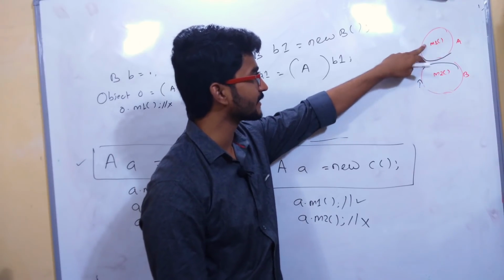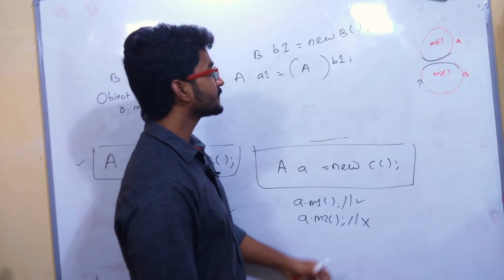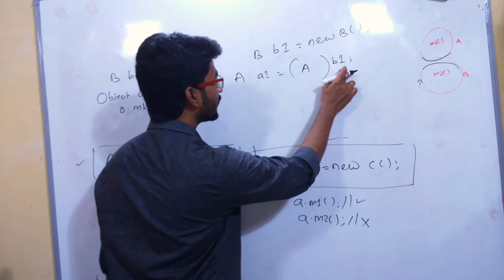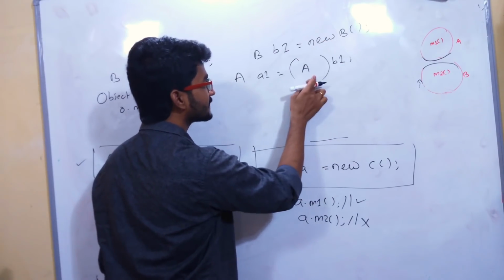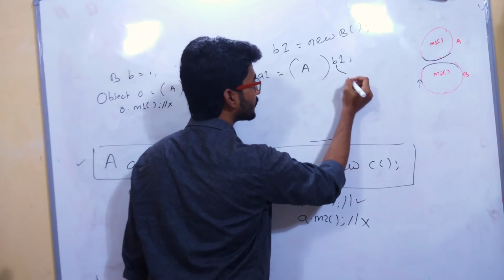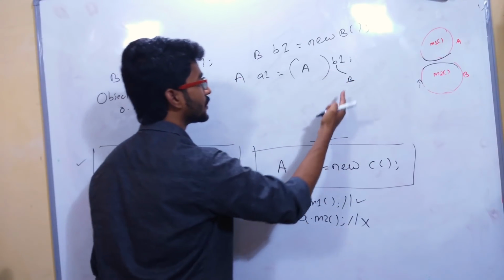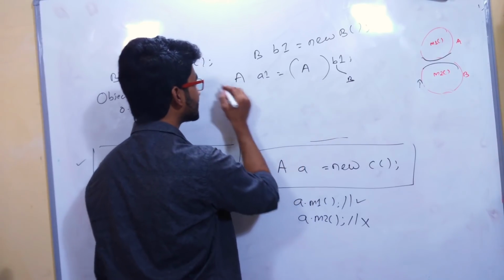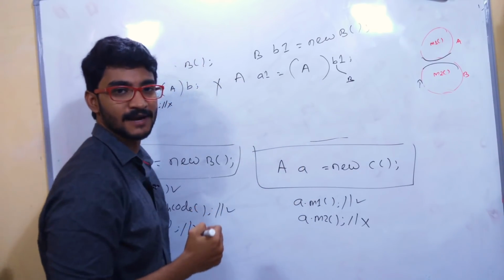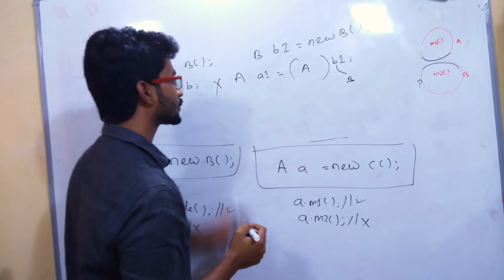This is not extending this particular class. So if B and A do not have any relationship, this is not going to compile at all. The compilation is going to fail.